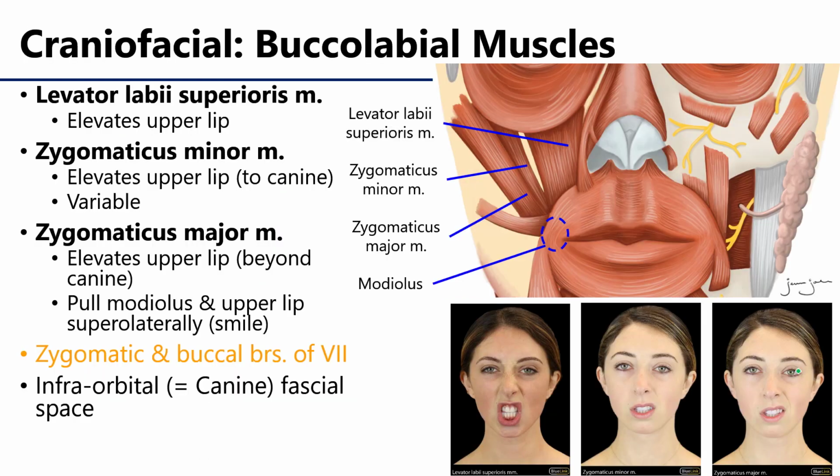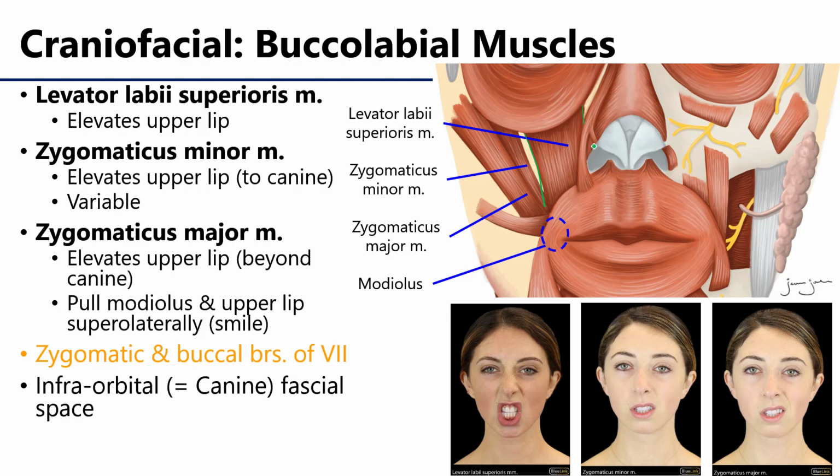Now let's skip over the muscles of the nose for a moment and jump down to the buccolabial muscles, of which there are many. So let's start with this lovely muscle that is fairly easy to locate in the lab. This is levator labii superioris.